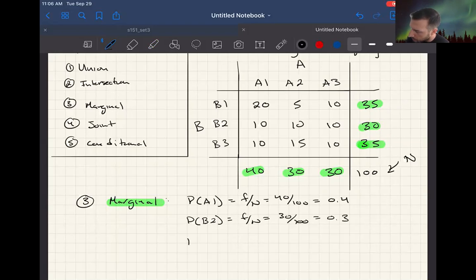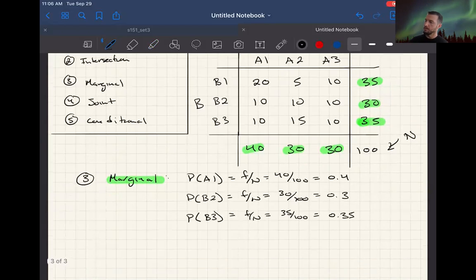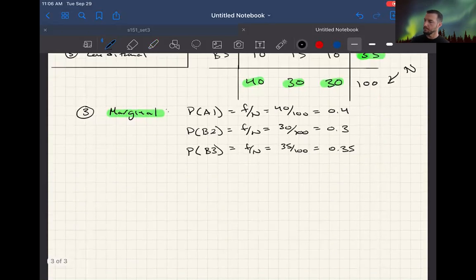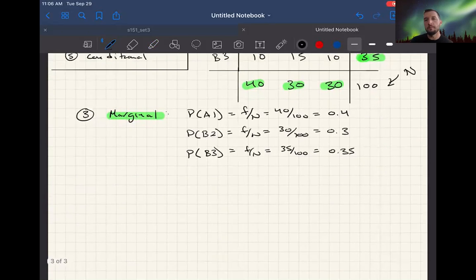And then one more, probability B3. This is little f over n, which is 35 over 100, which is 0.35. So these are 3 different examples of marginal probabilities.